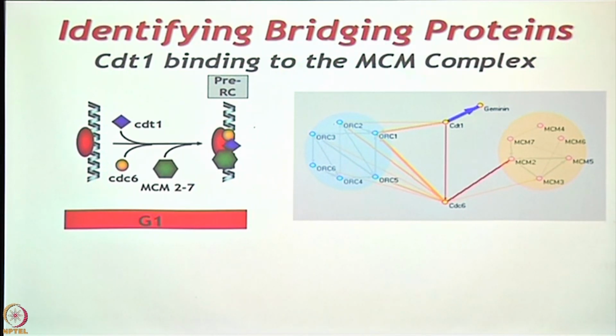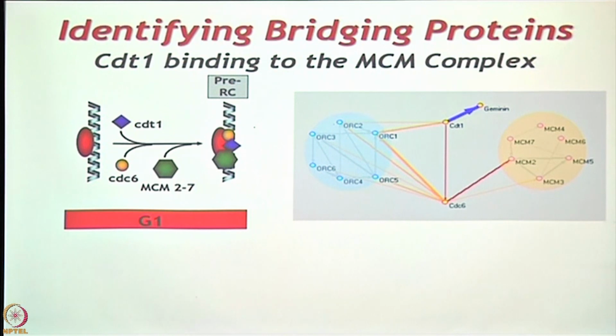But we did not see CDT1 directly interacting with any of the proteins over here. This is a map that came from that big map I showed you. And what we figured out was that although CDT1 did not bind to any of these proteins, it did bind to this protein, and this protein bound to that protein. So maybe this protein here is acting like a bridge protein. It's holding CDT1 in connection with that complex, right?